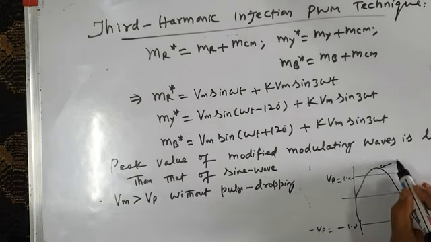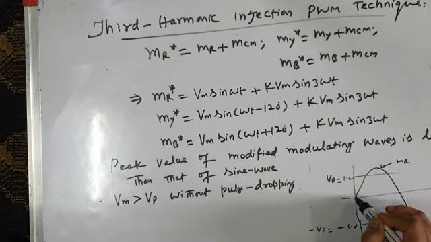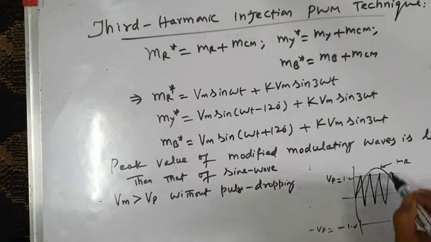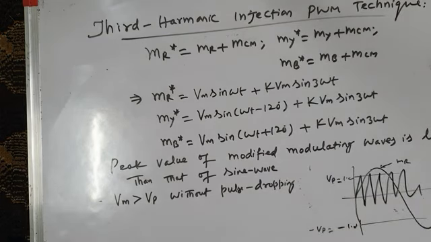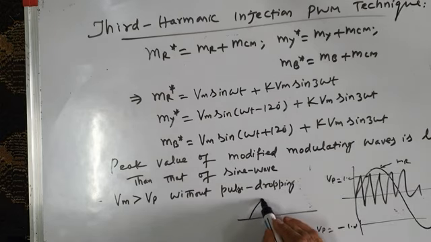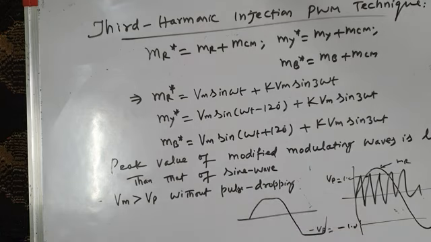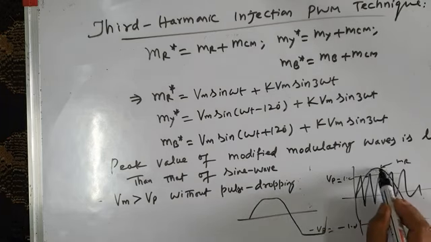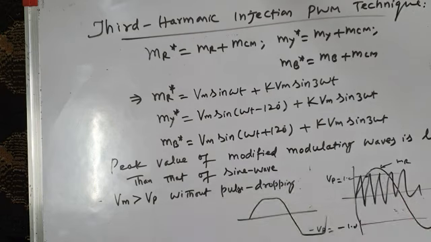The modulating wave Mr is greater than this. And when the sine-triangle comparison is done, we find that there is pulse dropping from this instant to this instant. Our pole voltage becomes flat near the peak. The same is the case with line voltages; they also become flat because there is pulse dropping over the period in which overmodulation takes place.